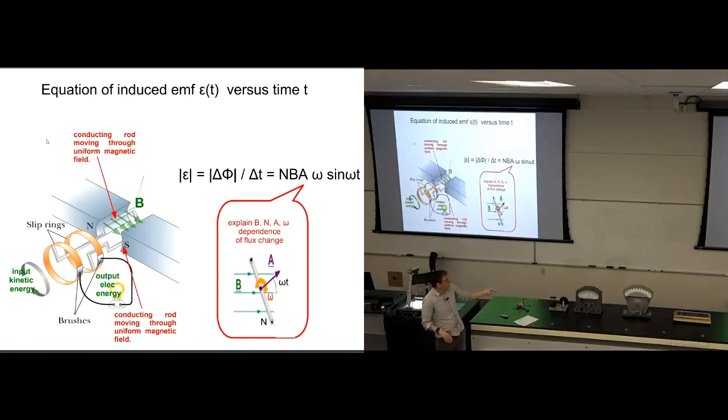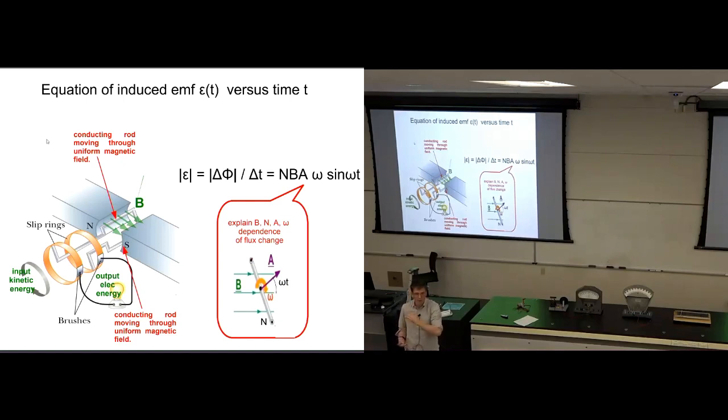What about the omega sine omega t? Omega is the angular velocity, not the linear velocity, describing the motion of the loop. The key ingredient in the linear generator was that we would move the rod with some velocity v.